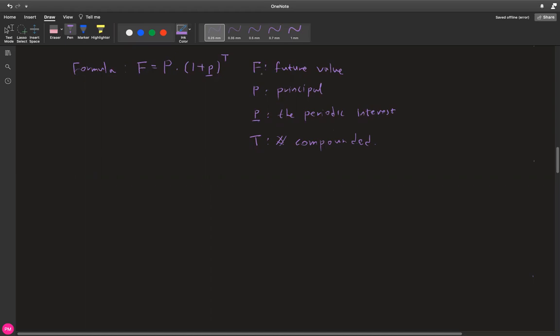So we already know what the future value and the principal are, but let's quickly go over what the periodic interest and the total number of times compounded are. Obviously, if it's annually, it's compounded once a year.